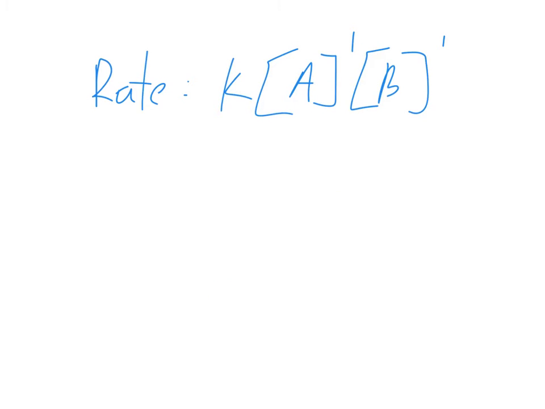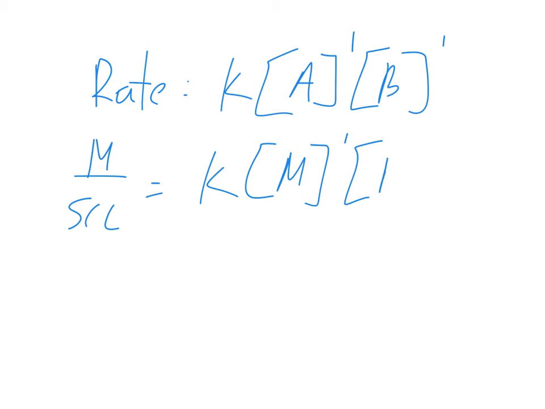Now this one's slightly more complicated because you have two reactants, A, which is raised to the first power, and B, which is raised to the first power, which means the rate orders are both 1 and 1, or the overall order is 2. So again, if the rate is molarity per second, and we're going to try to find out the units for k, that would be equal to molarity raised to the first power multiplied by, again, molarity raised to the first power.